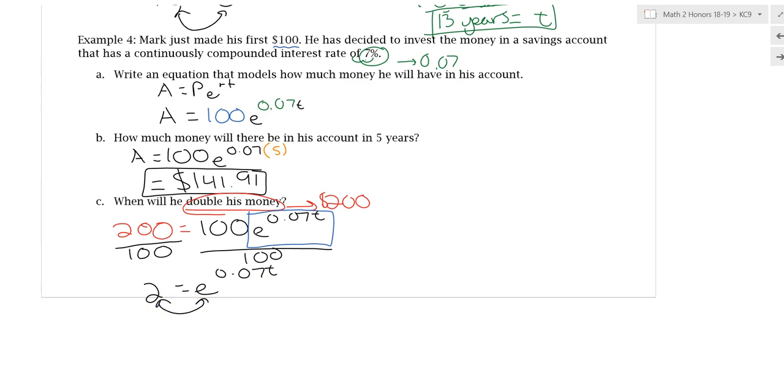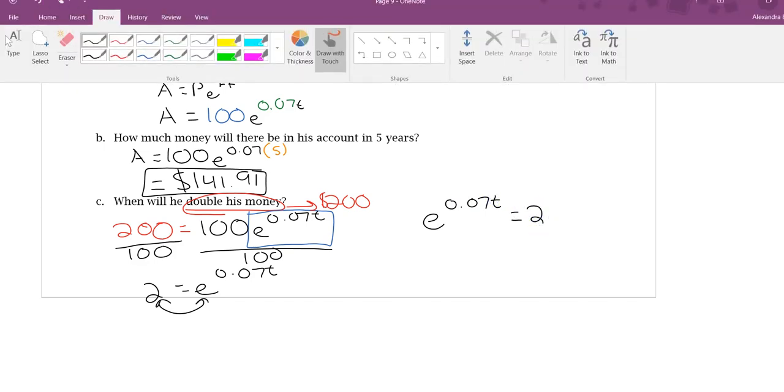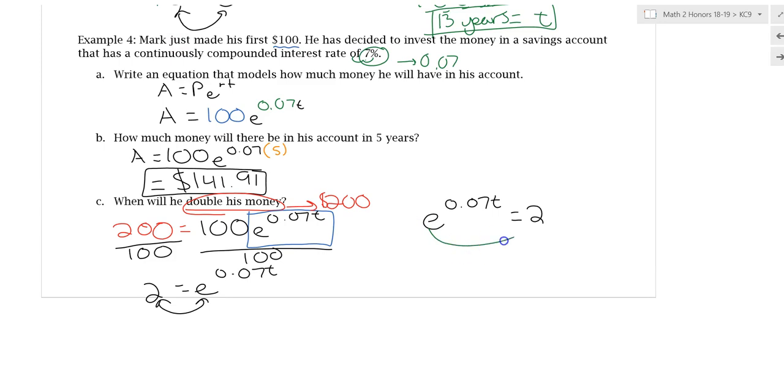Switch them. E to the 0.07t equals 2. Loop to switch to logarithm. Again, e is natural log of 2. If I'm solving for t, I have to divide by 0.07.